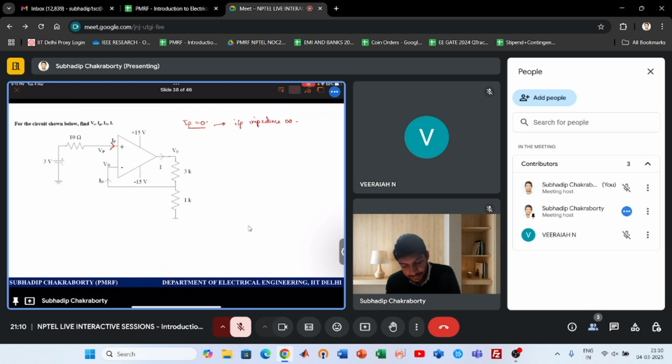And IN should also be 0, because the input impedance of the op-amp is infinite and it does not accept currents into any of the ports.